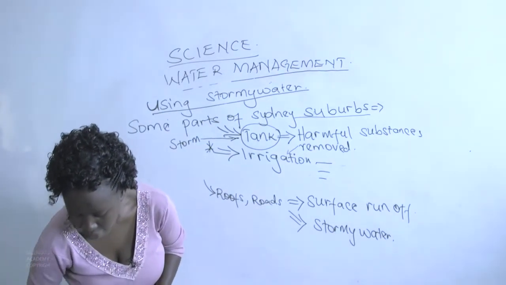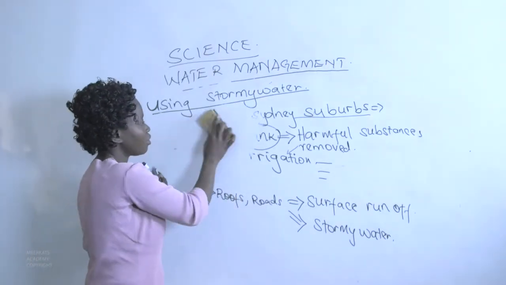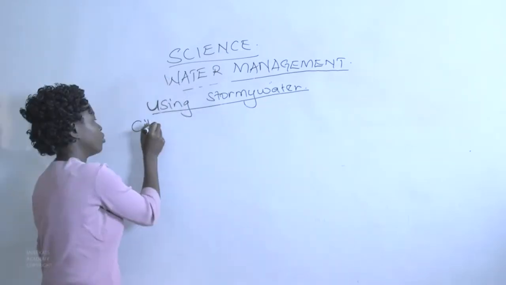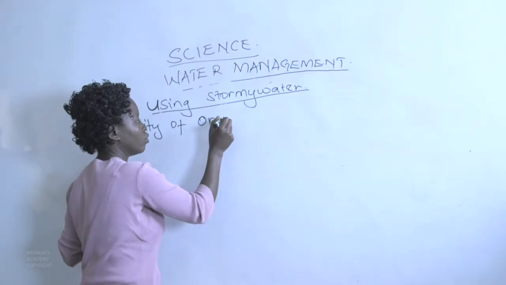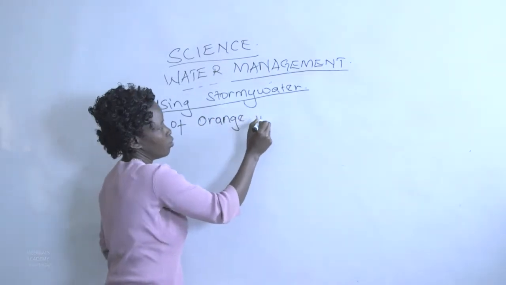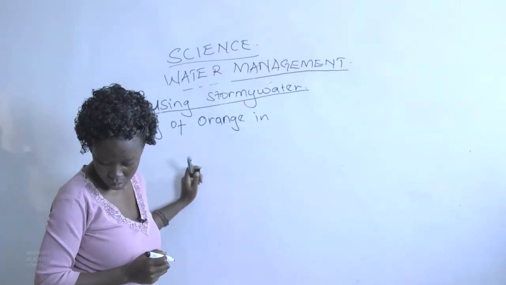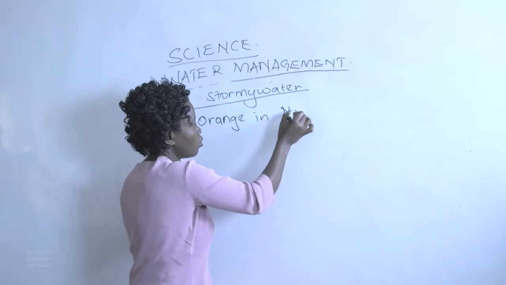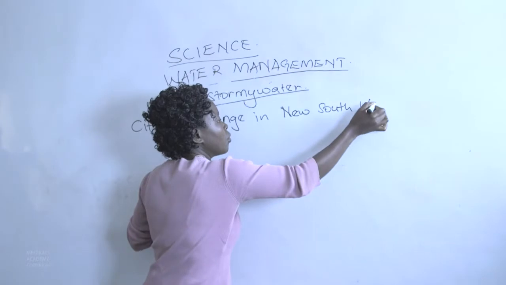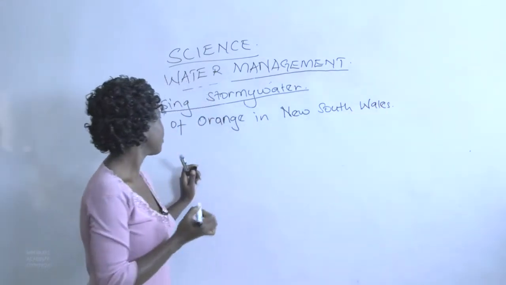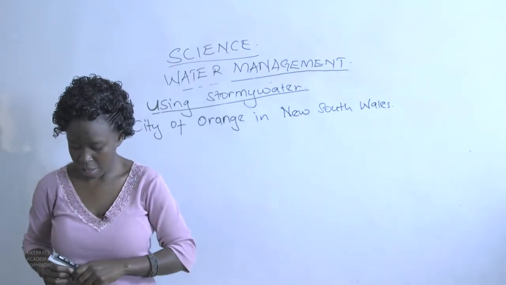The second example we have of stormy water that has been put into practice is the city of Orange in New South Wales.